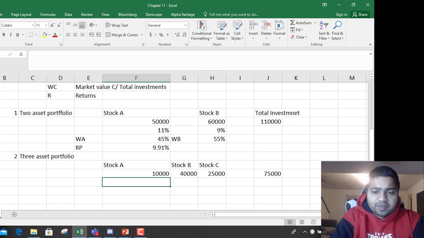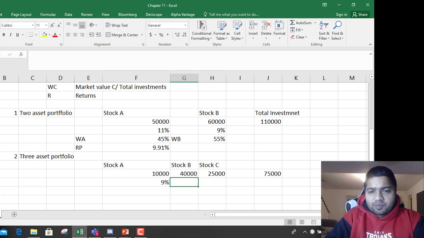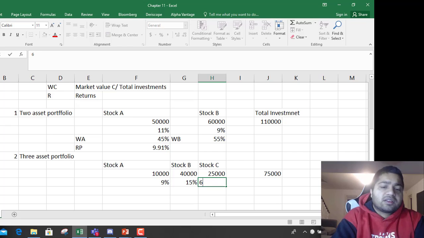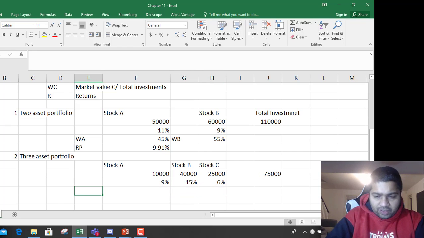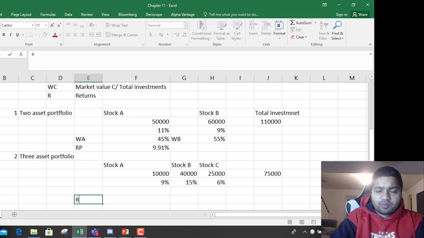Stock A gives you 9% return, stock B gives you 15% return, and stock C gives you 6% return. So what is your return on portfolio?